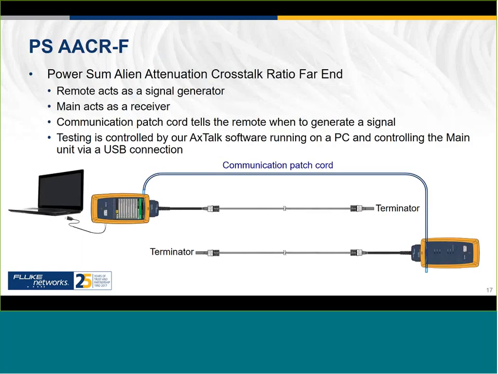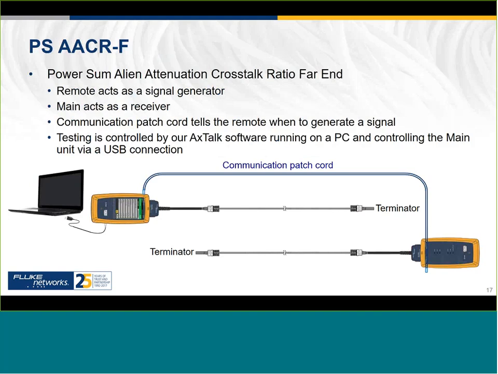For power sum Alien attenuation to crosstalk ratio far end, the remote still acts as a signal generator, but you'll notice in the diagram it's been moved to the far end. The main still acts as a receiver. Communication patch cord tells the remote when to generate the signal.